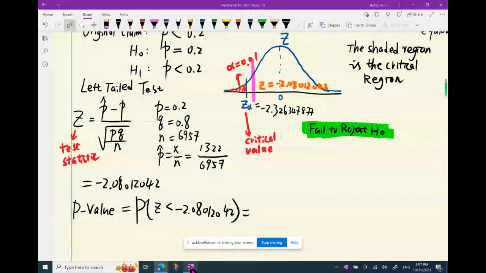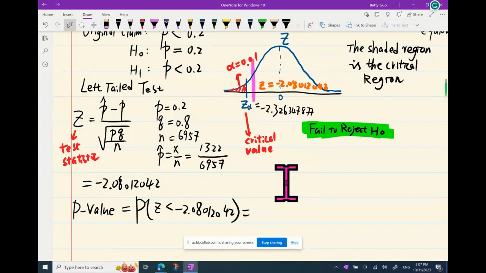Since the p-value is a probability, and we are looking at a z distribution, the standard normal distribution, what function should we apply in a calculator to find the probability? We're going to use normal CDF. Let's go to second vars and select normal CDF.